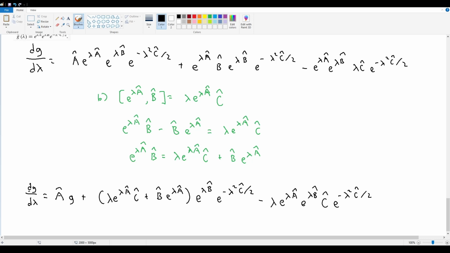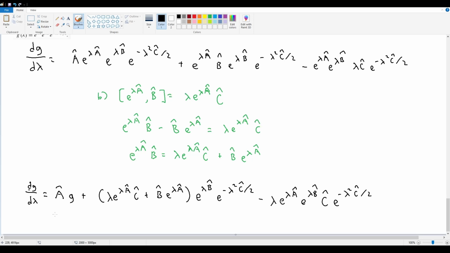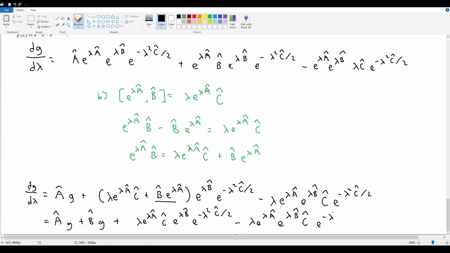And at this point, I can then use the distributive property. So this is going to be a hat g, and this term distributed into this term is going to give me plus b hat g. And what I'm left with is plus lambda e to the lambda a hat c hat e to the lambda b hat e to the negative lambda squared c hat over 2 minus lambda e to the lambda a hat e to the lambda b hat c hat e to the negative lambda squared c hat over 2.